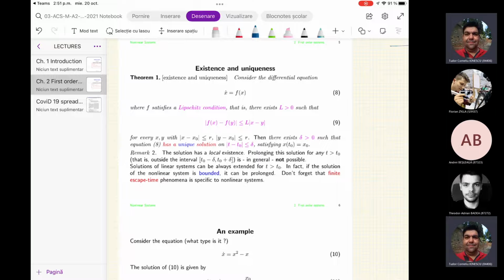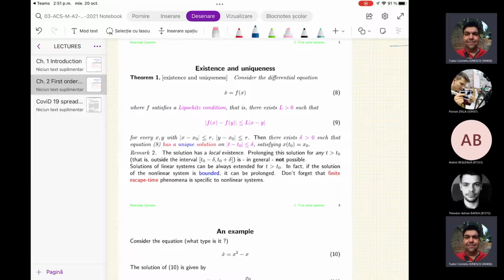Extending the solution for any moment in time, outside this interval of length delta, usually is not possible. In the case of linear systems, this is always possible due to linearity, because all the results we discuss for linear systems are global properties of the system. Whereas in the case of nonlinear systems, this is no longer possible.